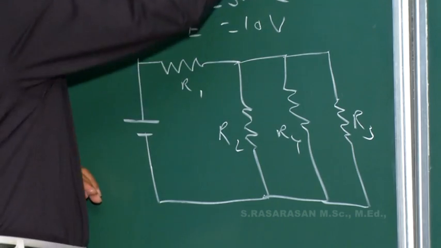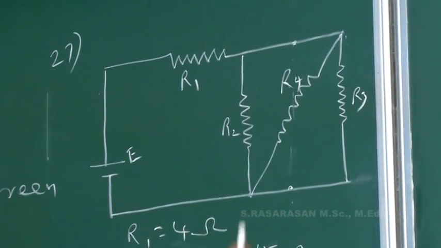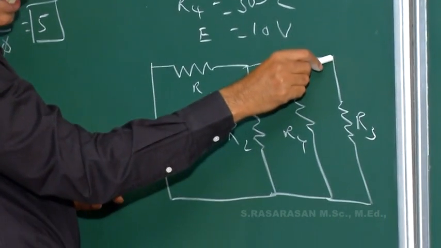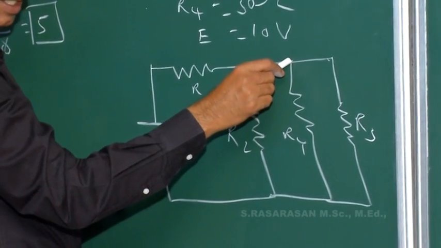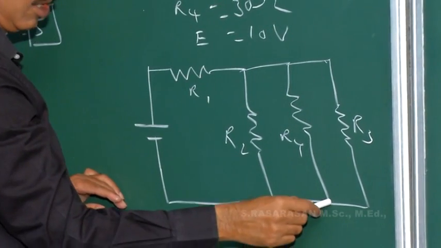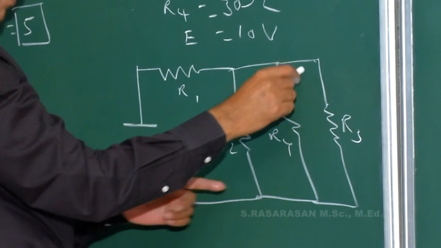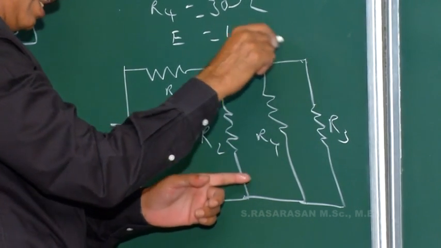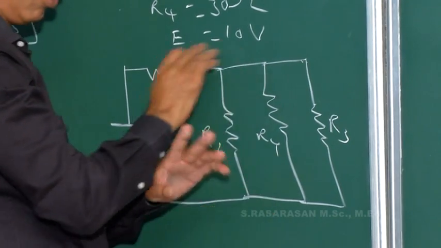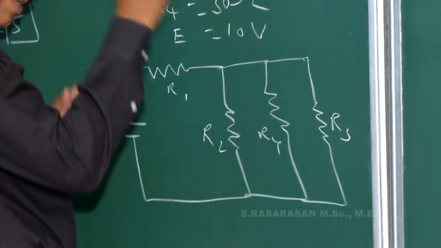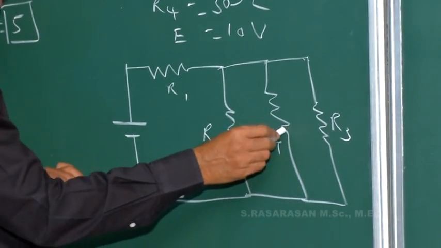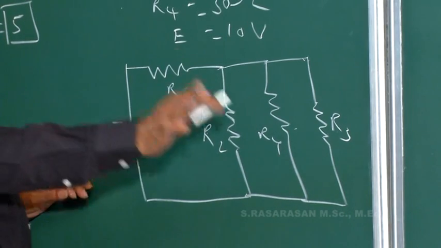This R4 was connected diagonally, and I am changing it to a straight line. So whatever the potential is here, it is the same at this place also. Even if you disconnect this R4 and connect here, there is no change in potential difference. Same meaning here also occurs, meaning R2, R3, R4, all these three are in parallel combination.